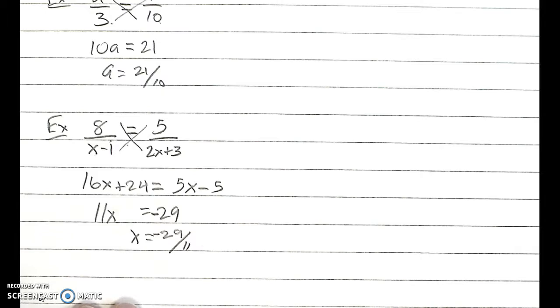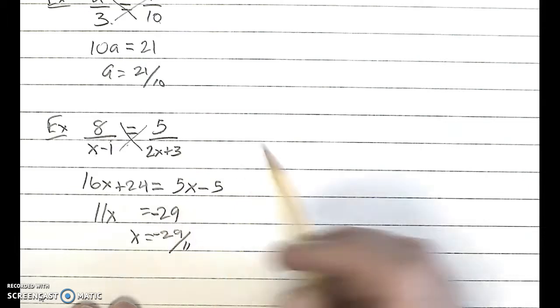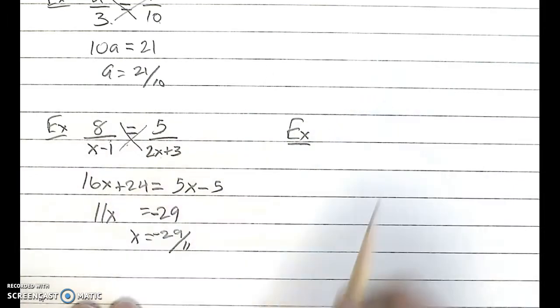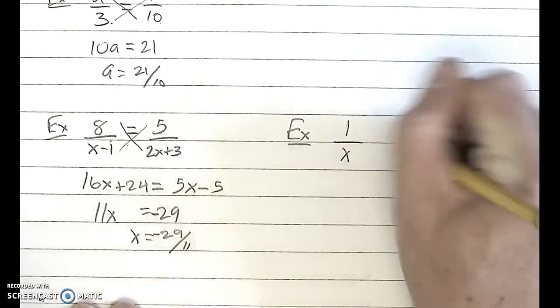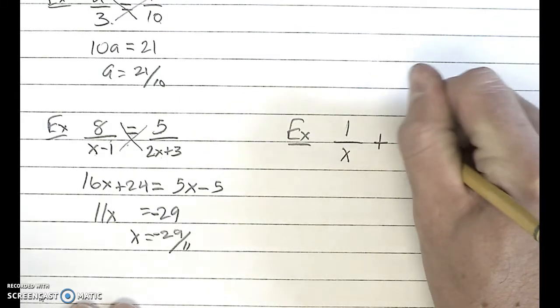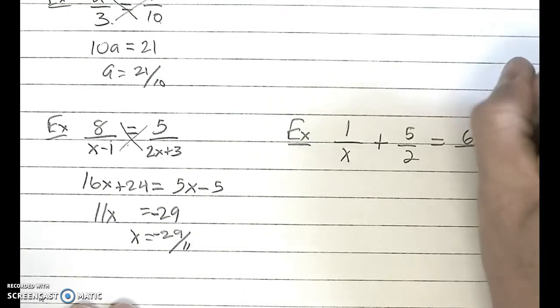So that's cross multiplying, and that is nice to do in some other instances. Here's another example: let's say we have 1 over x plus 5 over 2 equals 6 over 9.